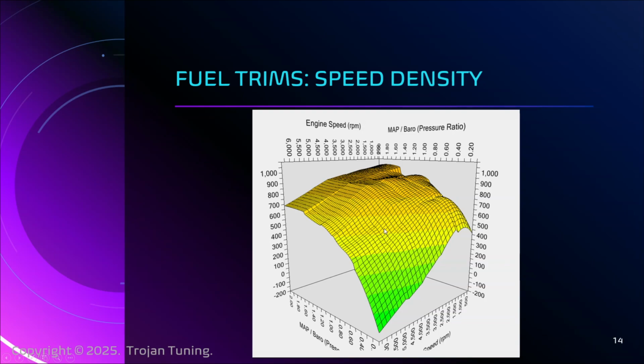They're not fueling, because this is a world where we take lambda seriously, so we don't want to express ourselves in AFRs. That's not how it's done. We want to do volumetric efficiency, which can then convert over to a lambda calculation. Each and every one of these little intersecting lines is a volumetric efficiency value, because I know how much air should be in the cylinder, I know how much fuel I need. So that's a different model.